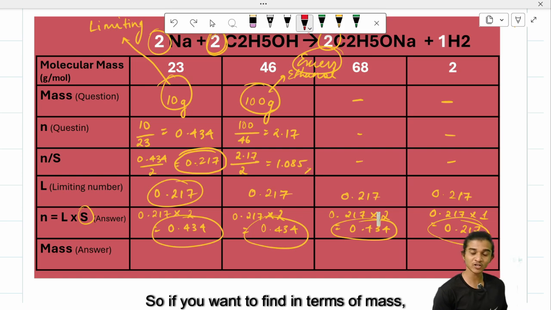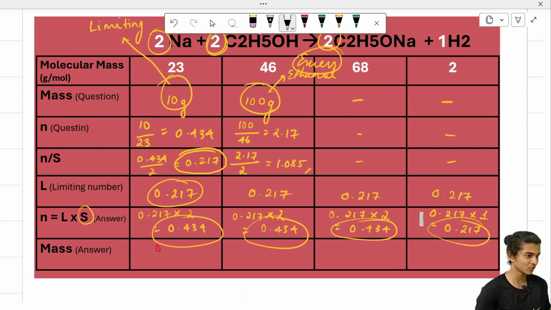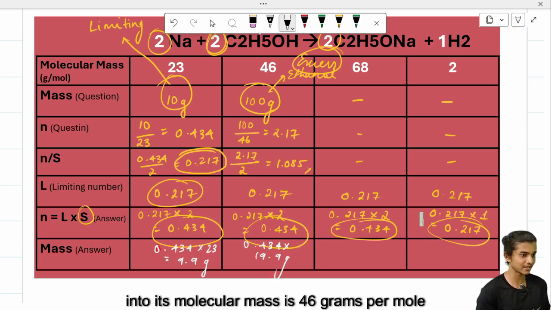So if you want to find it in terms of mass, you just have to multiply the number of moles with its corresponding molecular mass. So here it is 0.434 into 23, its molecular mass, so I'm going to get my answer as approximately 9.9 grams. Then for this, 0.434 into its molecular mass, 46 grams per mole.